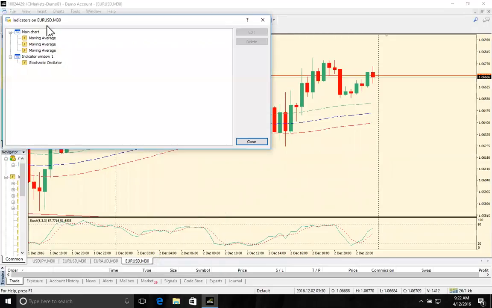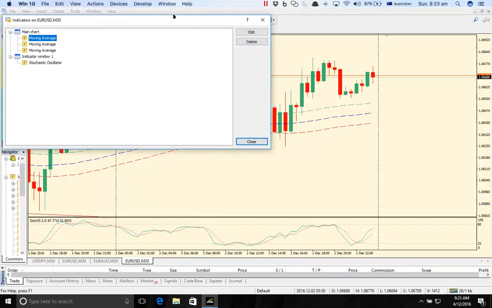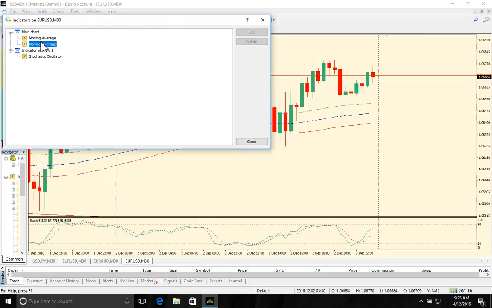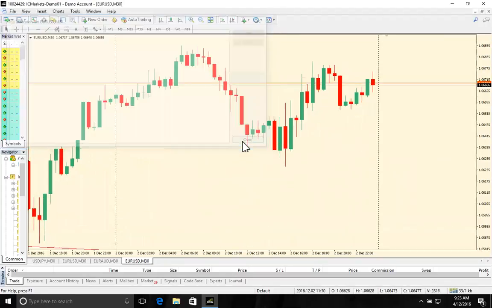So I will remove all those indicators. Delete, delete, delete, and delete. Okay, and then close.